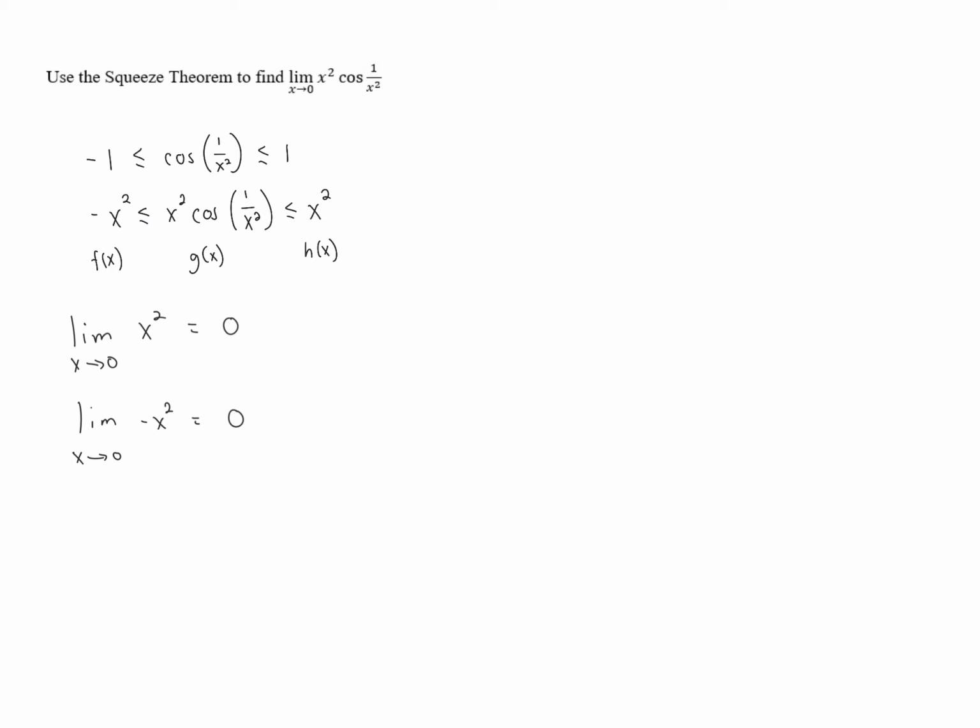So because our function is squeezed in between these two functions, and both of them have a limit of 0 as x approaches 0, that means that the squeeze theorem tells us that the limit as x approaches 0 of the middle function, x squared cosine 1 over x squared, must also be equal to 0. So that is our limit.